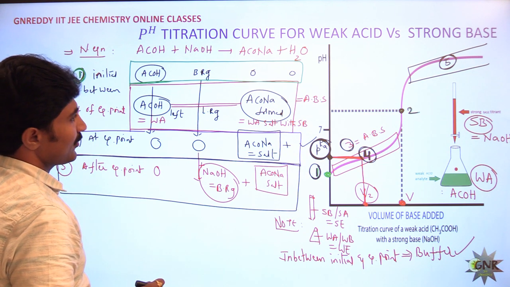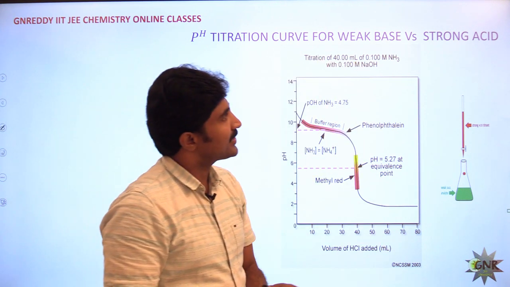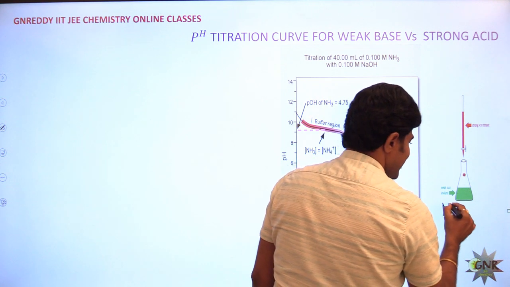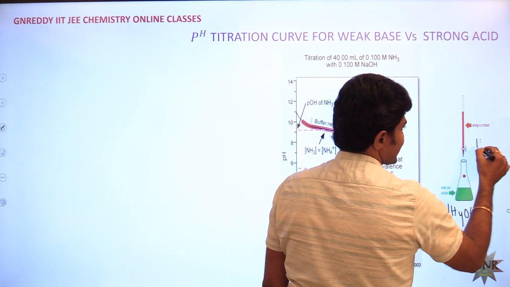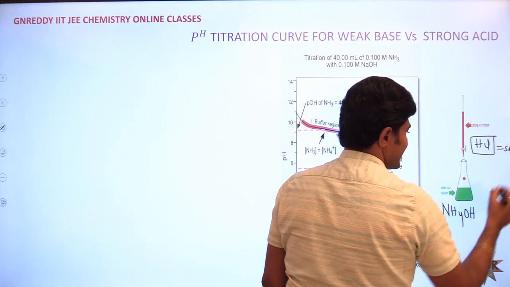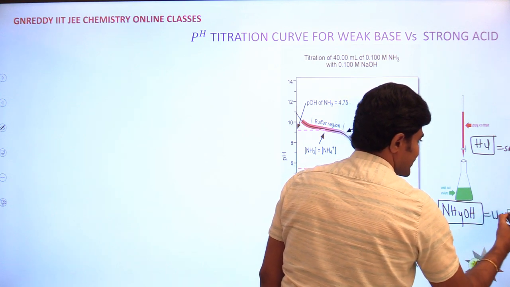Similarly, if you look at this one, this is the weak base versus strong acid titration. In this weak base I am taking ammonium hydroxide, and this is the HCl from the burette, a strong acid, and ammonium hydroxide is a weak base.